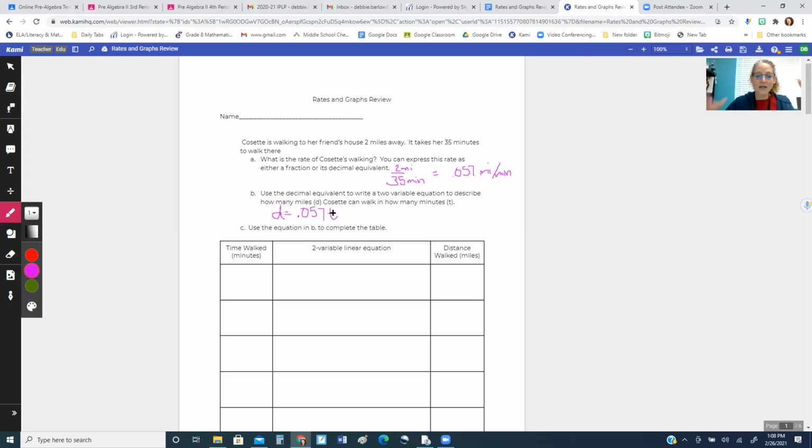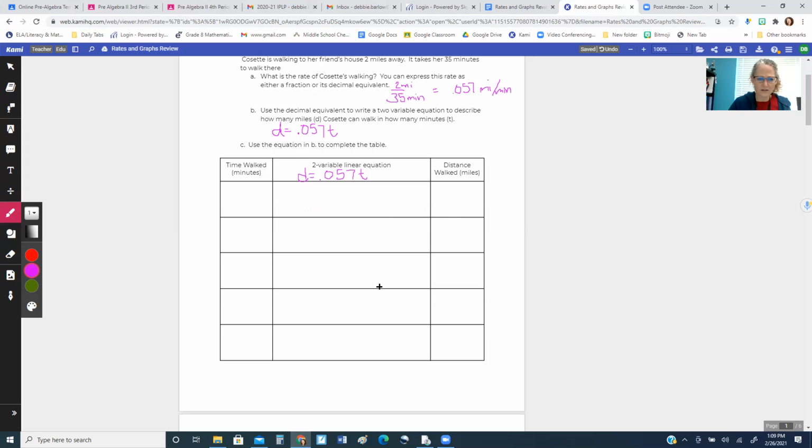Okay. Now I can use this equation to figure out how far she's going. So distance is equal to 0.057 times the time.